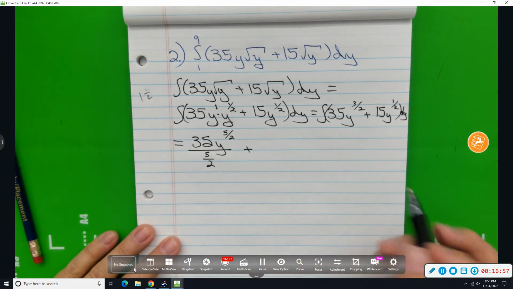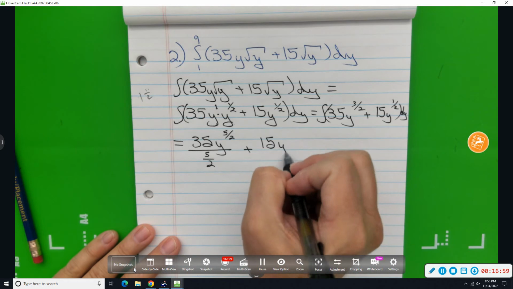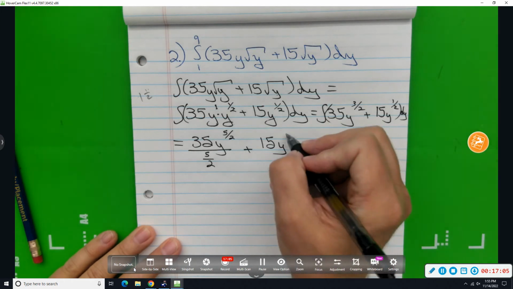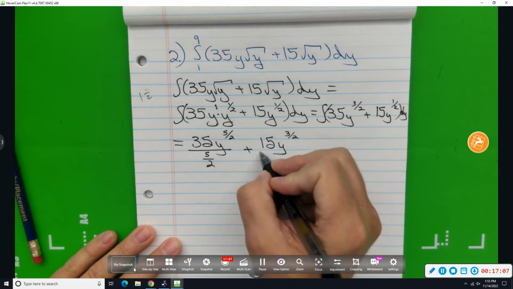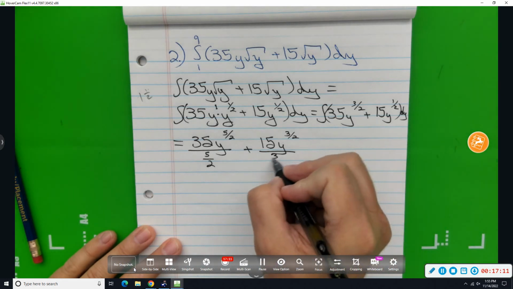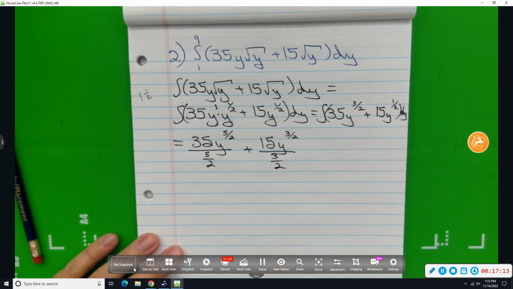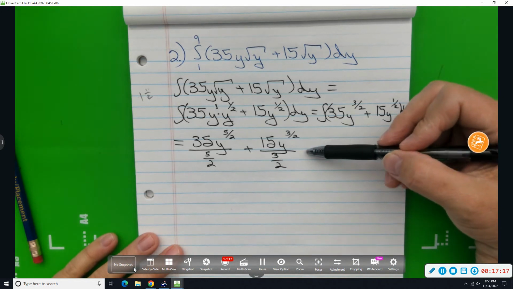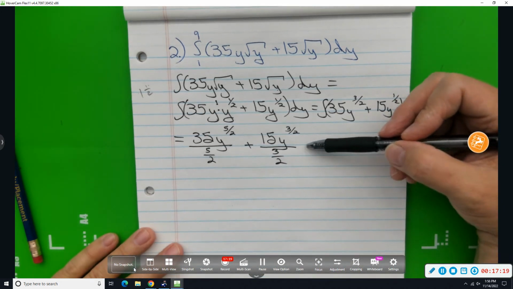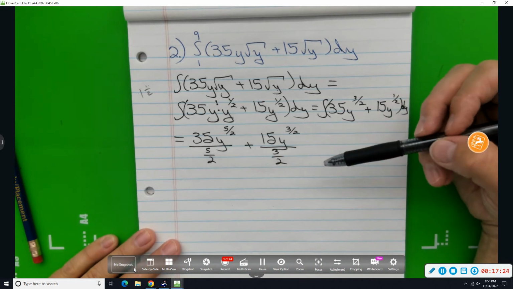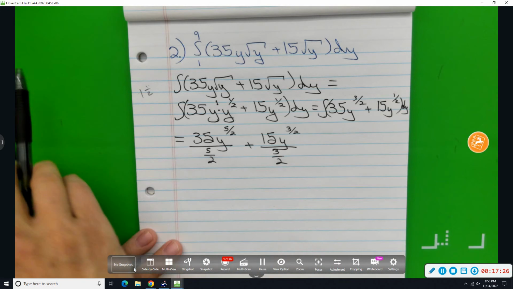Plus you have a 15y, 1/2 plus 1, that's 1/2 plus 2/2, which is 3/2, divide by, what are we going to divide by? 3/2, I agree. And once again, I'm not going to add on the plus c, because with the fundamental theorem of calculus, I get to choose the antiderivative I use, and I'm going to use the one that has a constant of 0.